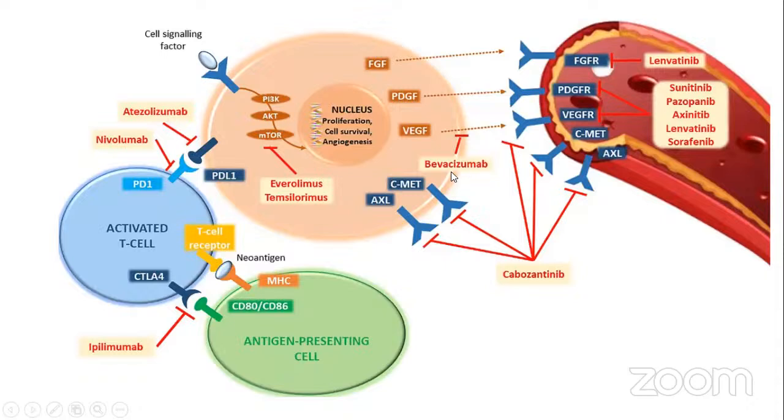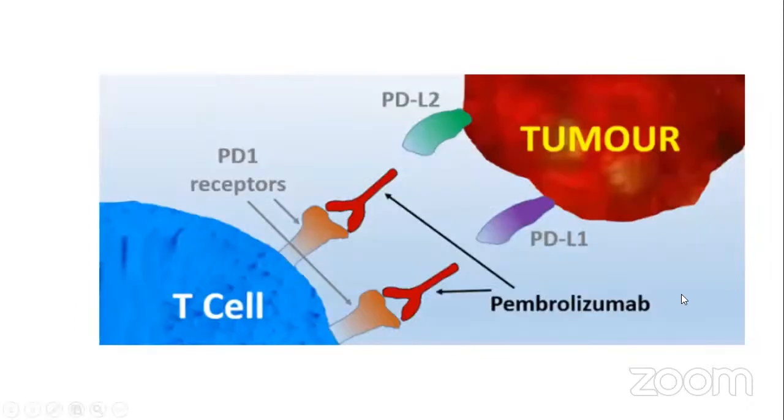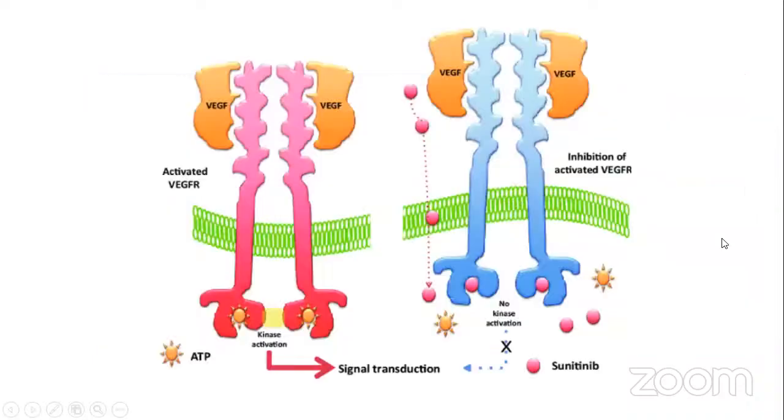And here, bevacizumab acts on VEGF. This is pembrolizumab, which acts on PD-1 receptor. This is the tumor, and this is the receptor, PD-L1 and PD-L2. Pembrolizumab acts on this.